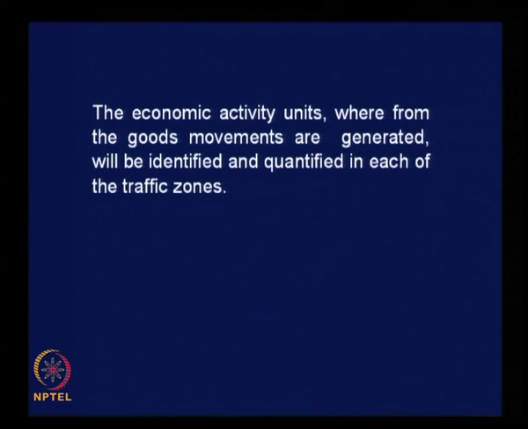The economic activity units, namely manufacturing plants or truck terminals or households, where from the goods movements are generated, will be identified and quantified in each of the traffic zones. That means we need to have zone wise information with regard to each of these 3 types of economic activity units.